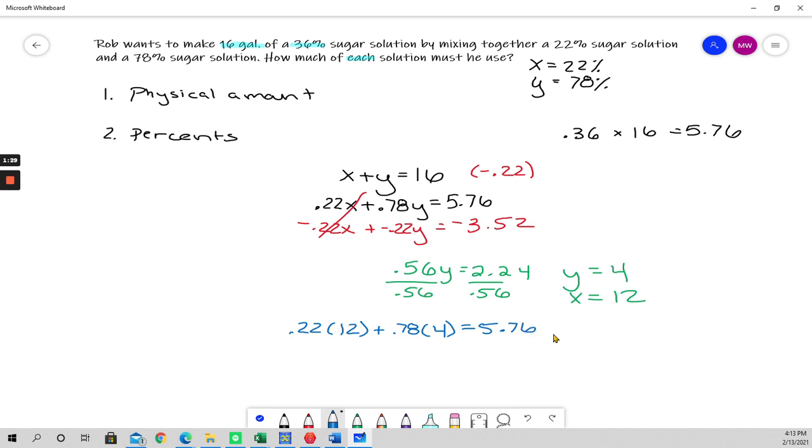So 22% of 12, 0.22 times 12, is 2.64. 78% of 4, so 0.78 times 4, is 3.12. Does that equal 5.76? And it does when we add them together. So that means we need 4 gallons of the 78% sugar solution and 12 gallons of the 22% sugar solution.